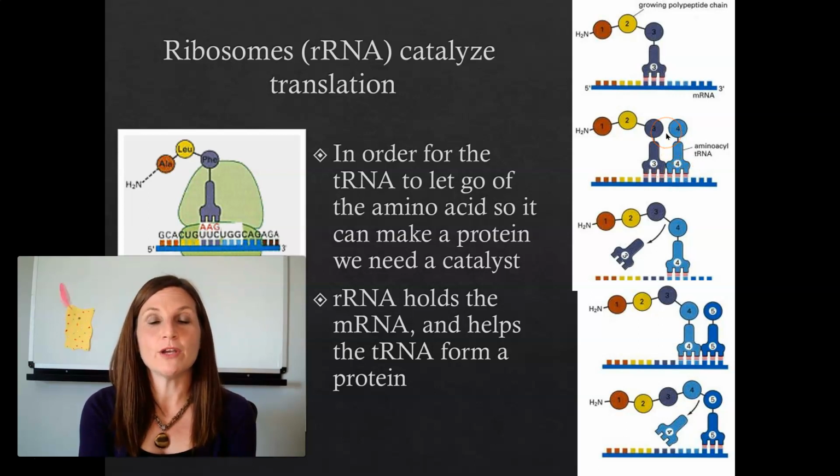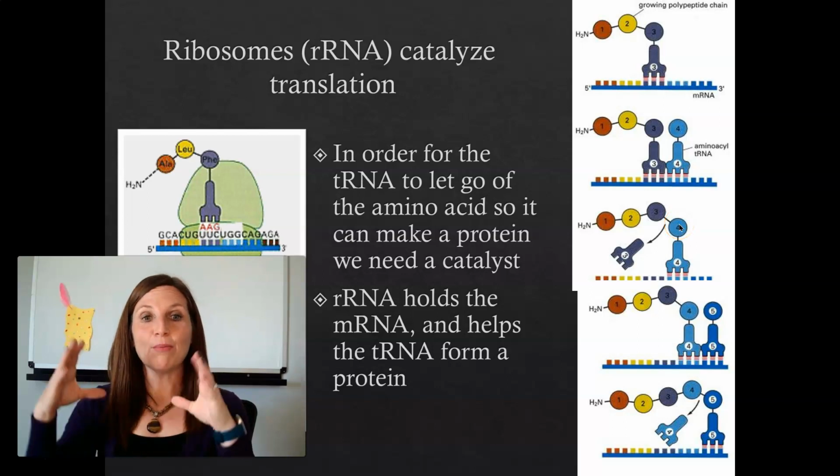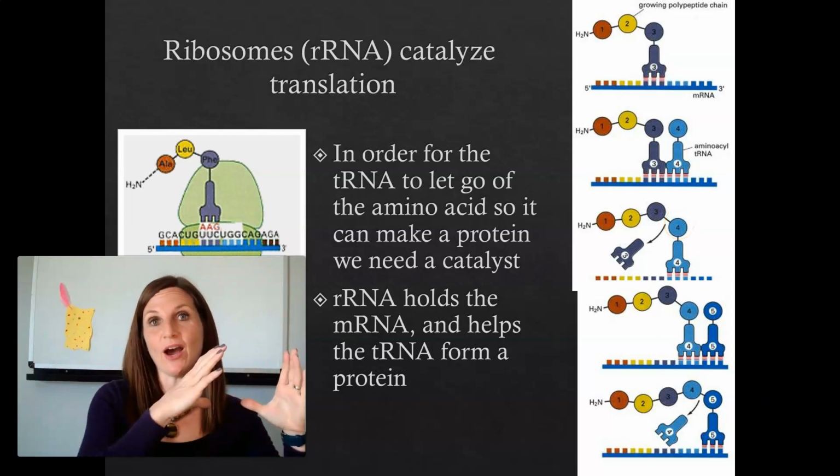And we're going to form a new peptide bond between the third and the fourth amino acid. And at the same time, we are going to break this bond that is between the amino acid of 3 and the third tRNA. So now the tRNA is free and it can leave, and my growing polypeptide is now attached to site 4. At that point, the ribosome scoots down.